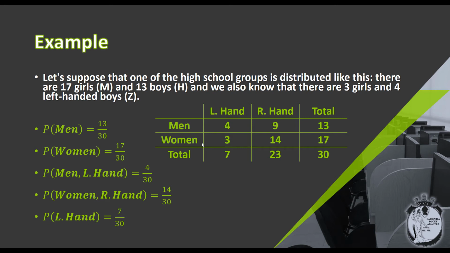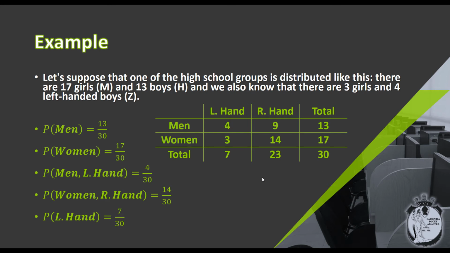For the women, if you have 17 girls and 3 girls are left-handed, the rest, 14, are right-handed, total 17. And you can use an additional row and an additional column. That is very important to calculate probabilities. For example, here the total of the left-handed and the total of the right-handed.